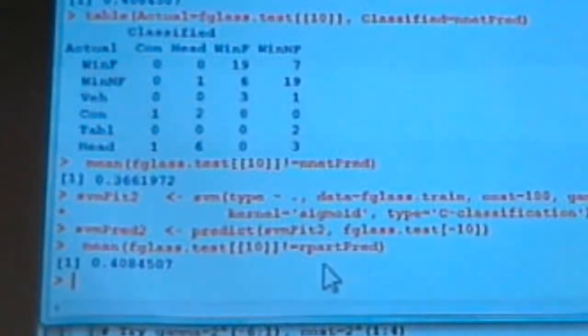Did I run this? Oh, this is rpart, sorry. Okay, I'm supposed to run this part, right? Did I run this already? You still see a lot of disagreement here, right?